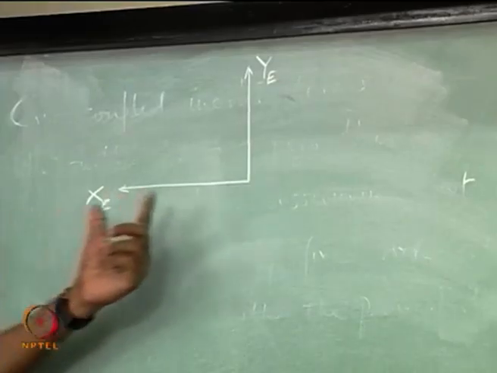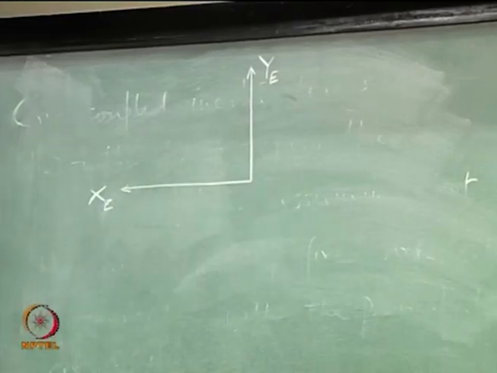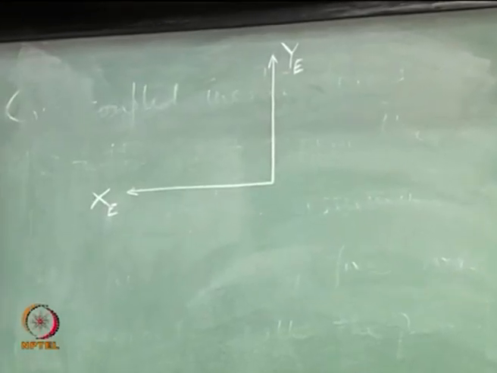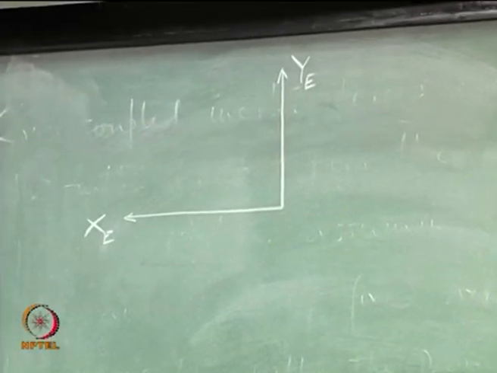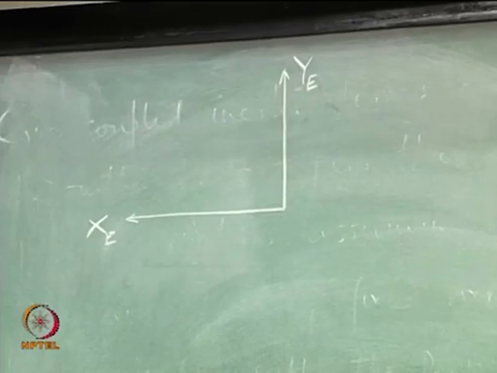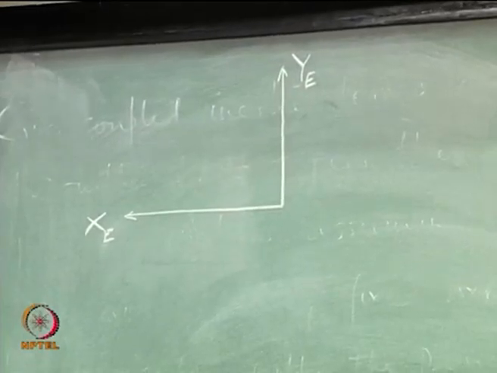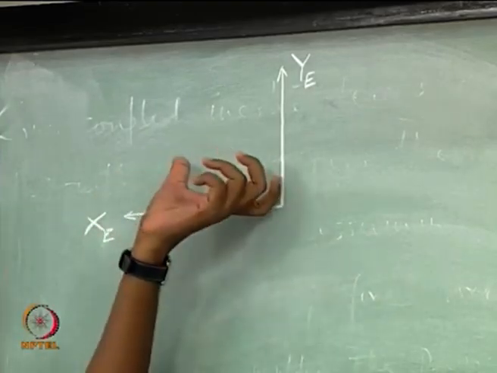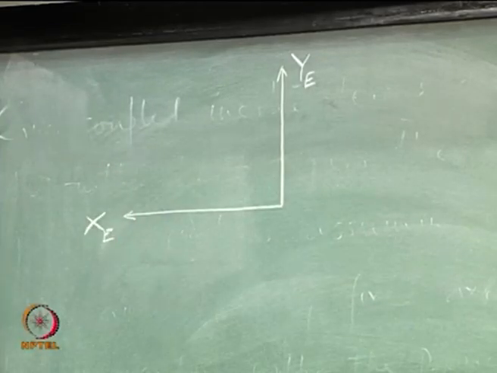So the rule is that you are trying to actually rotate the earth fixed system so that it coincides with the aircraft body fixed axis. So, finally, the final axis system that I get by doing this should be the aircraft body fixed axis system.